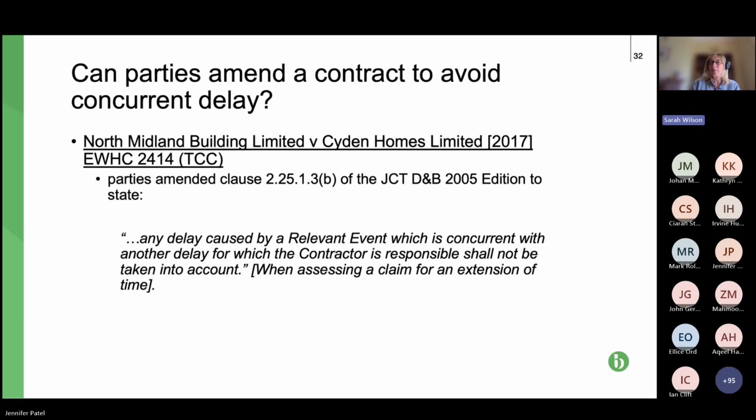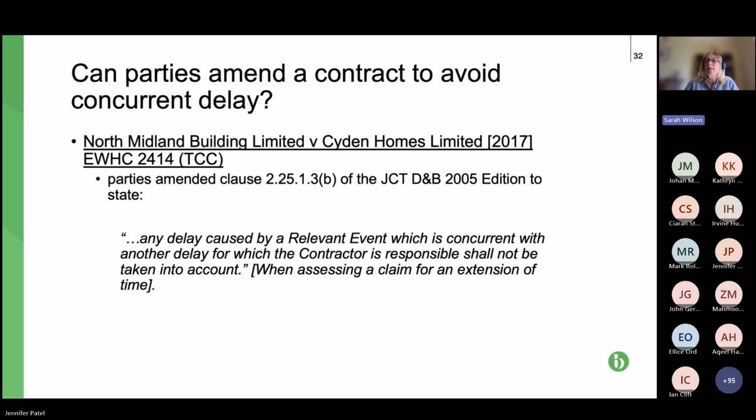So that's basically drafting speak for you don't get an extension of time when you have that kind of concurrent delay. The aim of that drafting was to defeat the finding in the Walter Lilly case. And it went to court for the court to determine whether it was a valid clause that could be included in the contract, and the court said yes, it is.